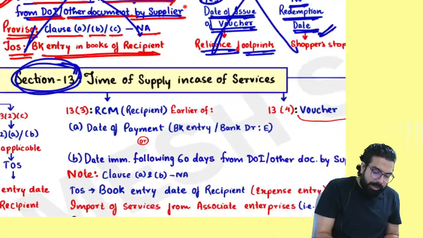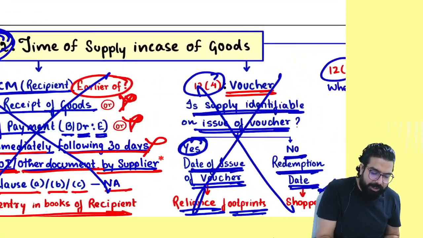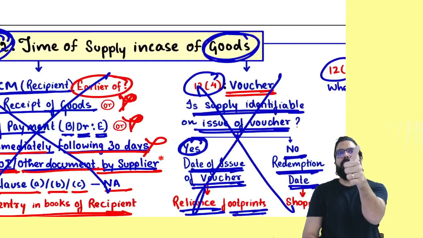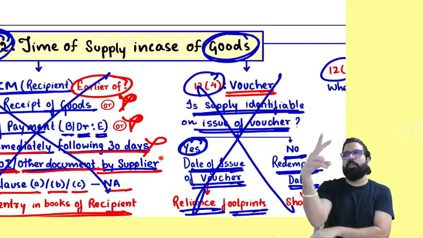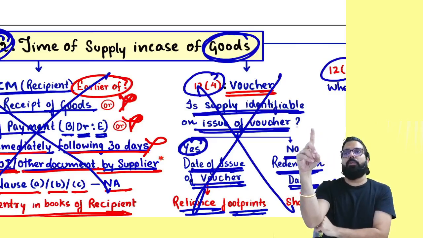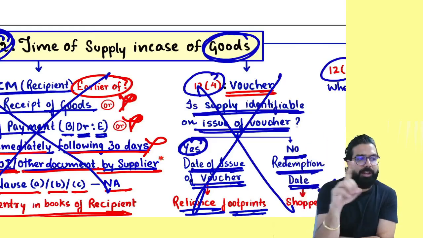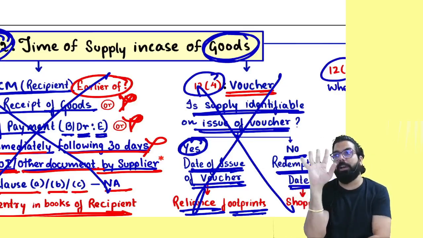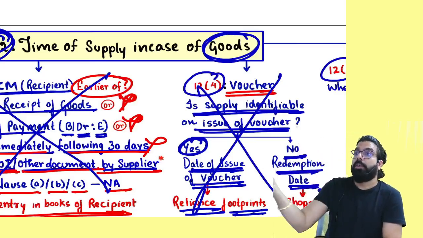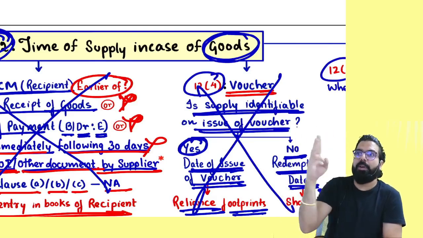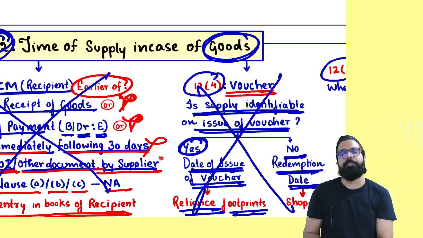Next. Time of supply in case of goods, we already understood. In case of goods, you become liable to pay on the time of supply. For a normal supplier, it is the date of invoice, last date to issue invoice, or date of receipt of payment. Date of receipt of payment is not applicable for a normal supplier, only in case of actionable claim. Reverse charge: date of receipt of goods, date of payment, 31st day from the date of invoice given by the supplier.